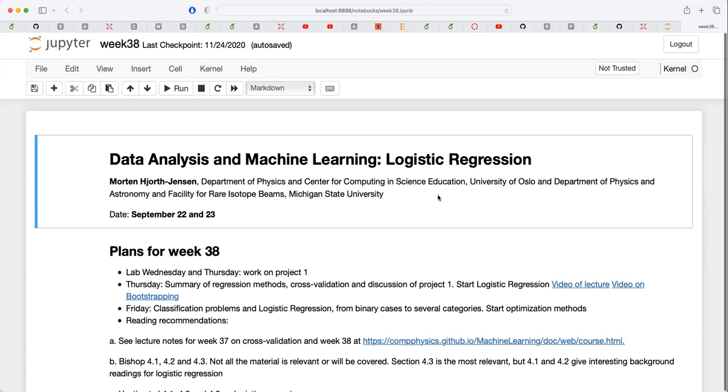Then when you're doing neural networks, you have additional parameters. You have parameters in the activation functions. The model for a neural network is the architecture of the network, so that would be the model complexity. Here, the model complexity is the polynomial degree.